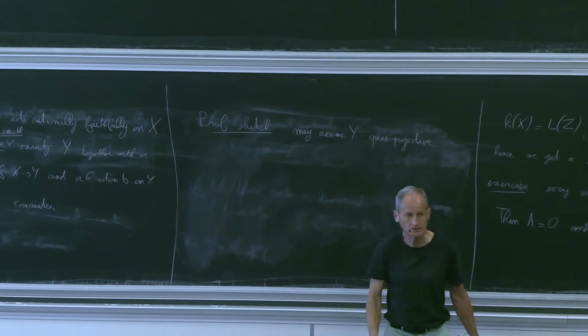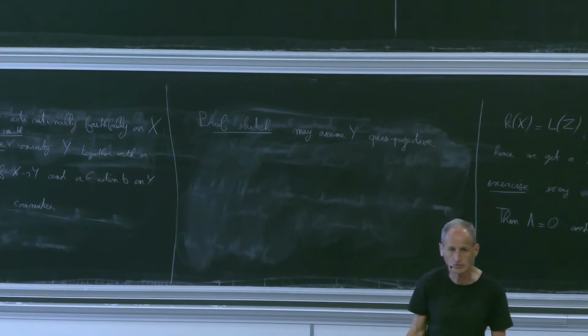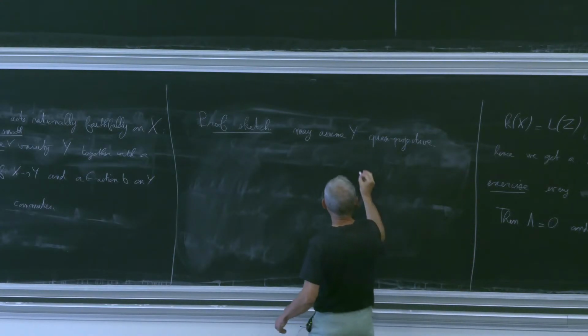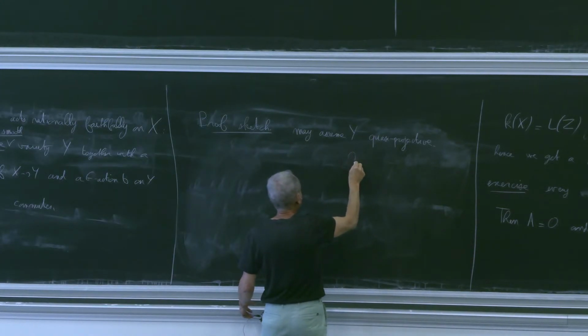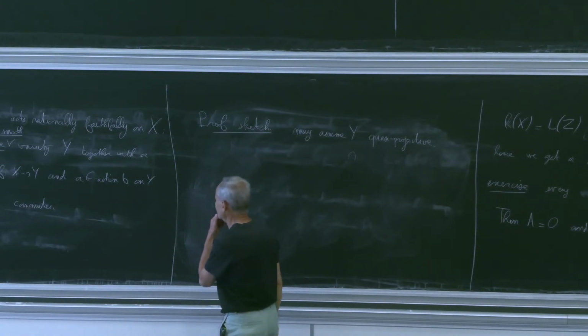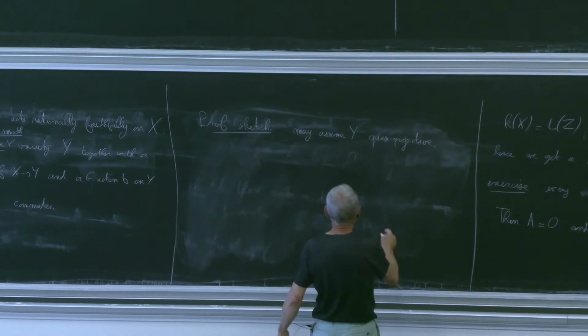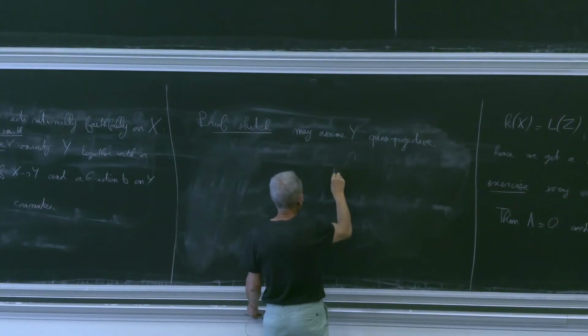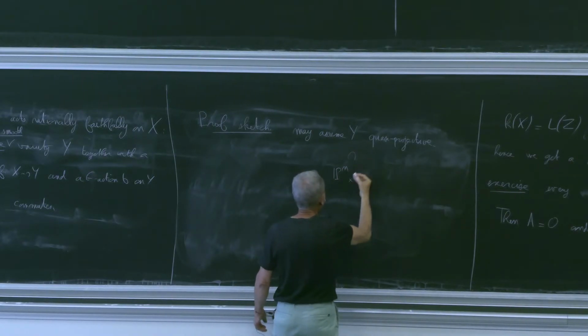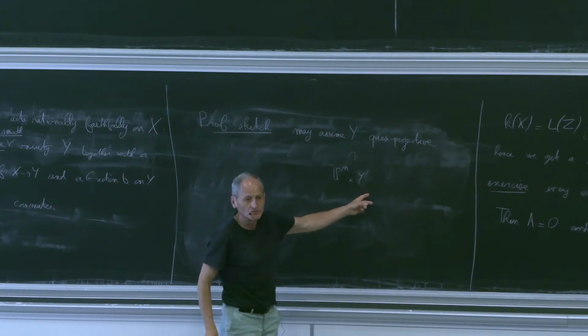And this goes by inspecting the proof, because at the very end of the proof, we constructed this Y. Sorry for the notation. It was contained in some Pn times another Y prime, for some Y prime we thought was affine.